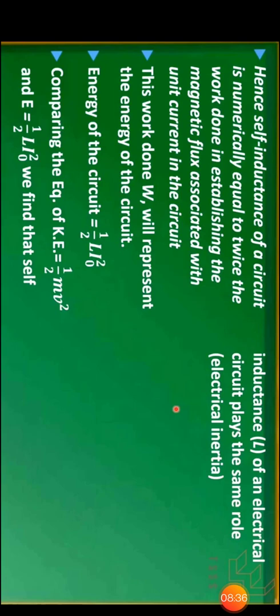Comparing the equations of kinetic energy, 1/2 mv square, and E equal to 1/2 L I0 square, we can find that the self-inductance L of an electric circuit plays the same role as electrical inertia in mechanical motion. This is self-inductance.